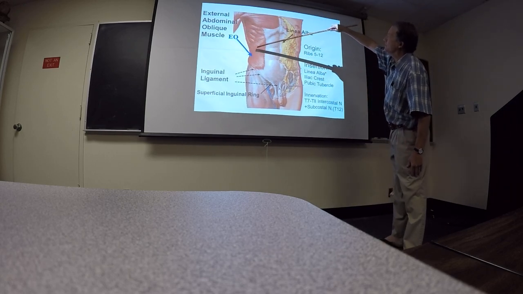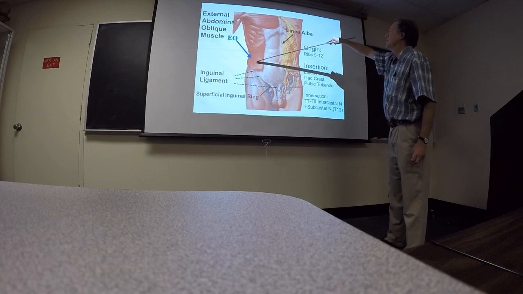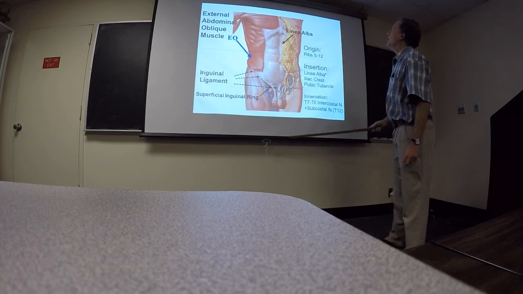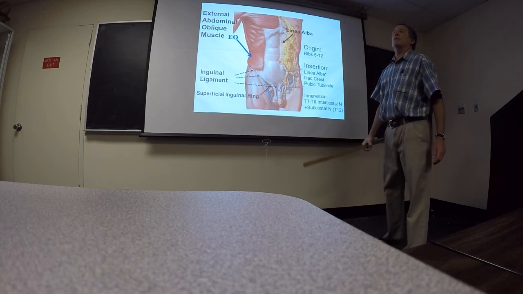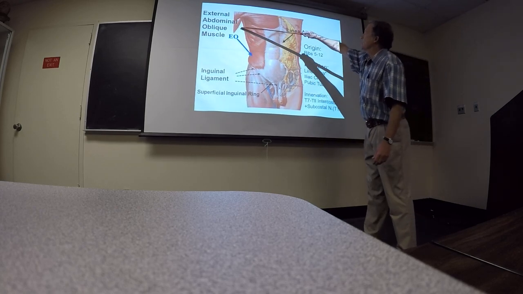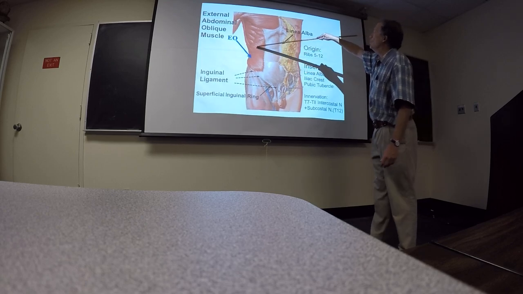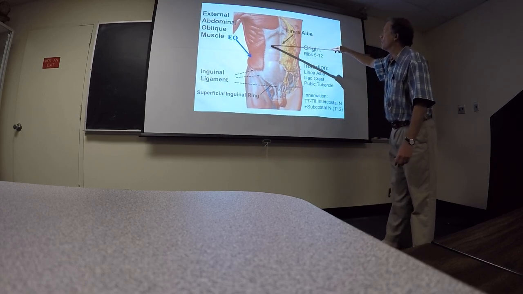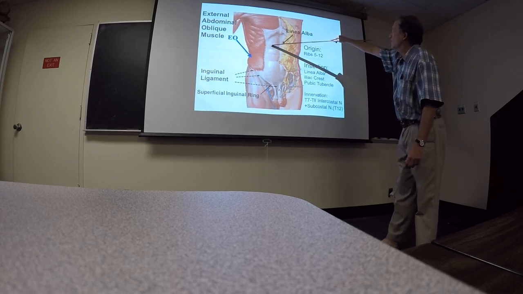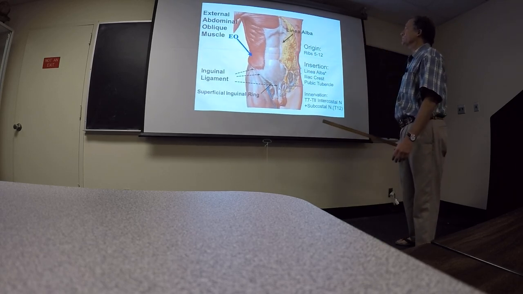And as you can see, its fibers are running from superiorly and laterally to inferiorly and medially, just like you saw, for example, latissimus dorsi on the back. There are muscular fibers here, and then they give way to a tendinous structure, a very long aponeurotic tendon that follows the rest of the way. And there's another structure underneath there.